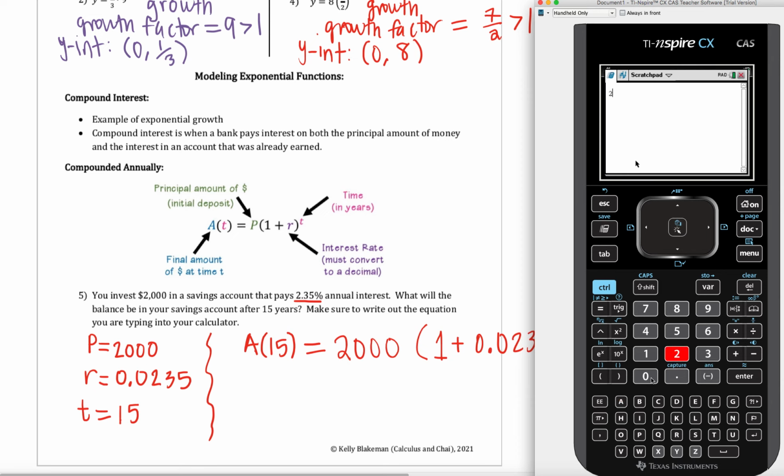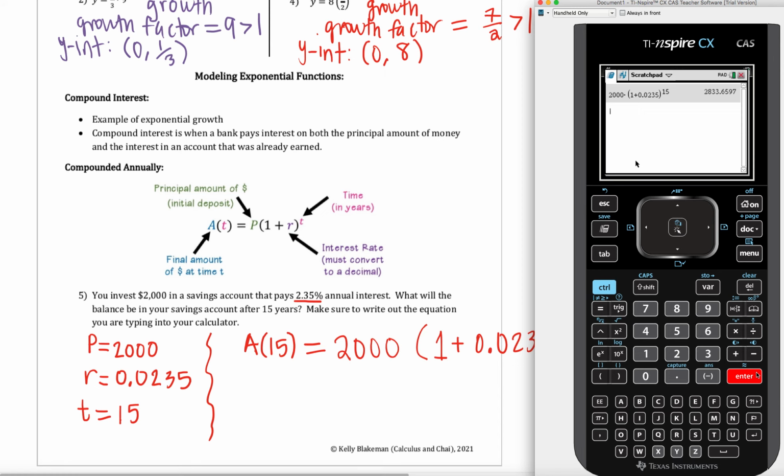So I have 2,000 times the quantity, so times, then I'll need parentheses, 1 plus 0.0235, and then I want to arrow out of that to get outside of the parentheses, and raise it to the 15th power. So I need to use the caret symbol here. That will get me that box as an exponent. And I'll type 15, and then from there, I'm going to click enter.